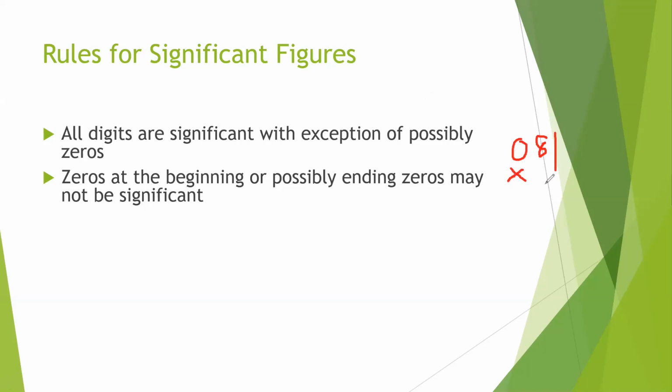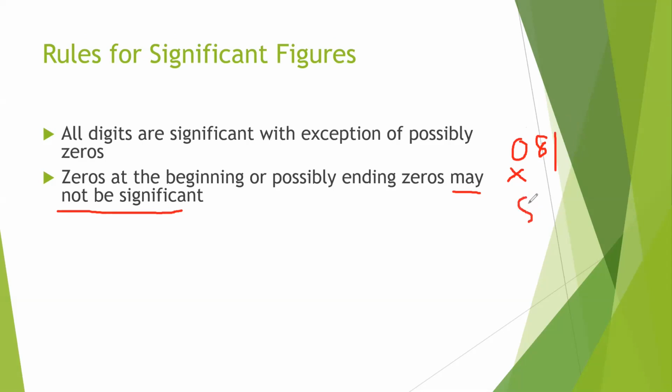Similarly, if it's at the end of a number, it may not be significant. We're going to look at future rules to determine if the ones at the end are significant or not. But for now, we just need to notice that zeros at the beginning or the end may not be significant.